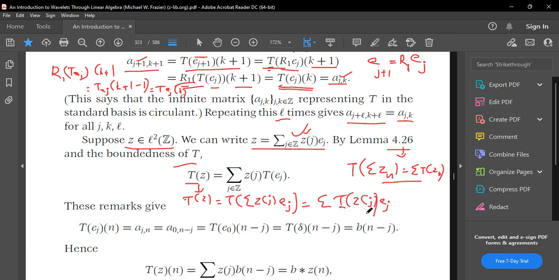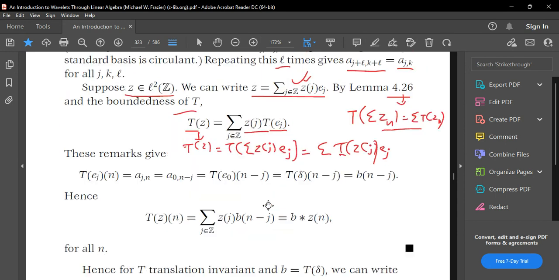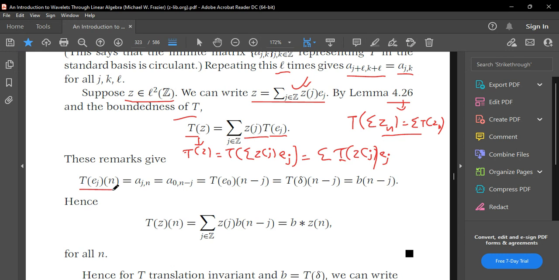Since T is linear, z of j can be taken outside, so summation z of j T of e_j. Now T of e_j of n: we have proved that for any l, a_{j+l,k+l} is equal to a_{jk}.